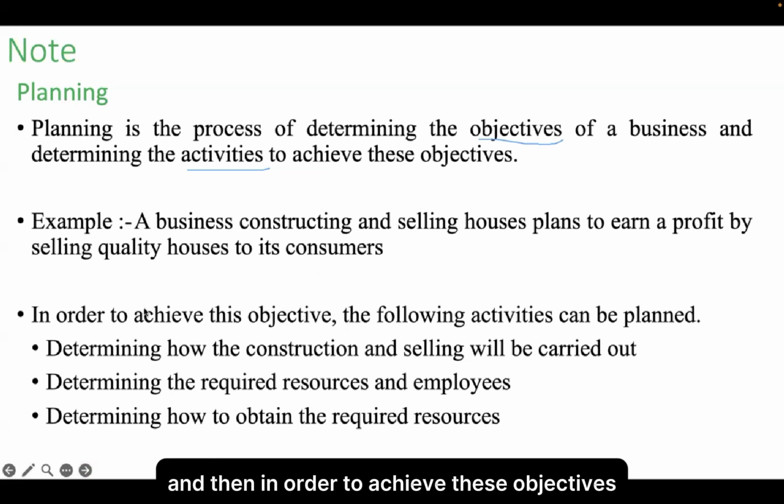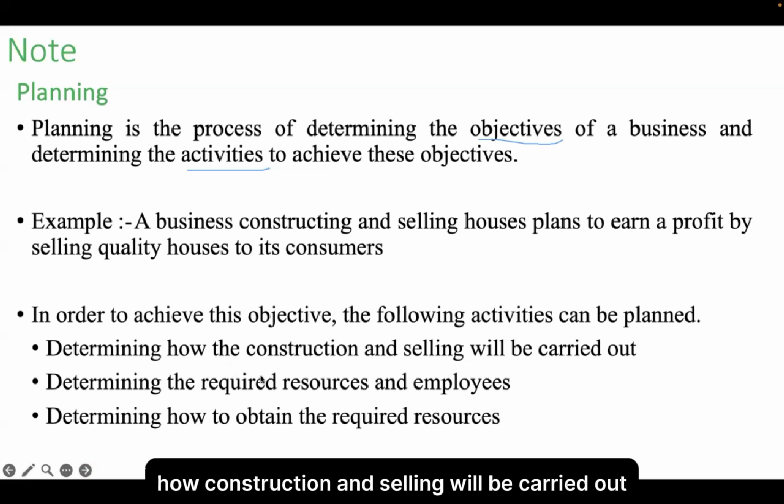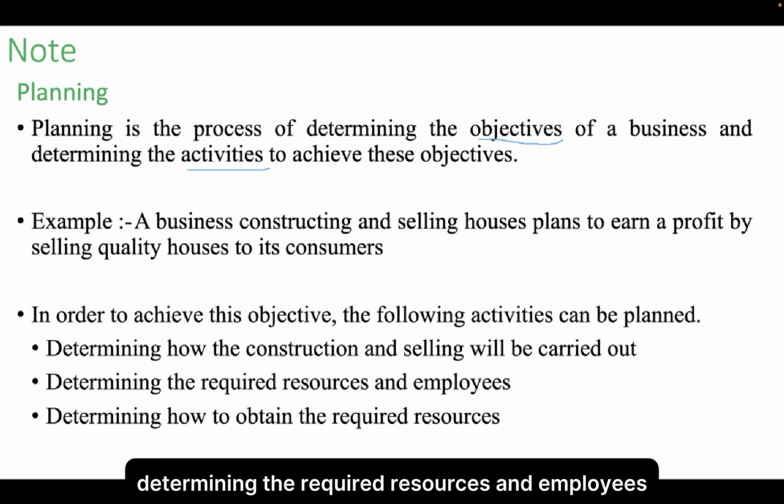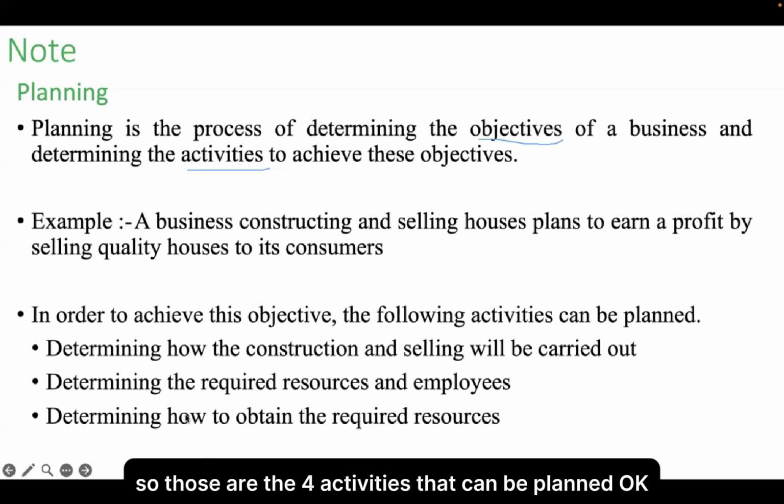In order to achieve these objectives, the following activities can be planned: determine how construction and selling will be carried out, determine the required resources and employees, and determine how to obtain the required resources. So those are the activities that can be planned. You can take a couple of minutes and write this.